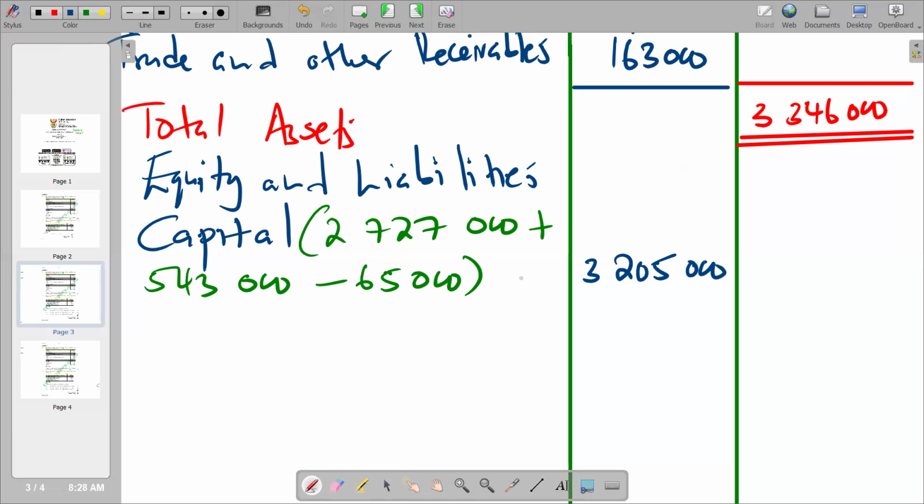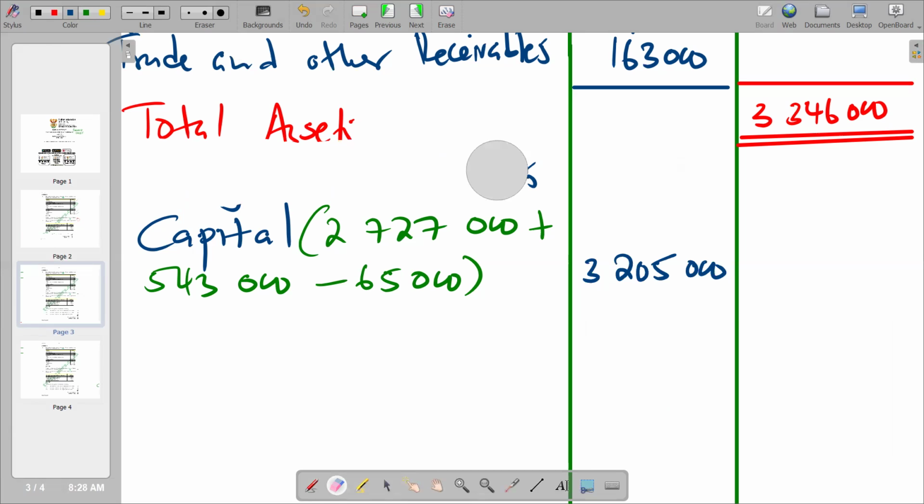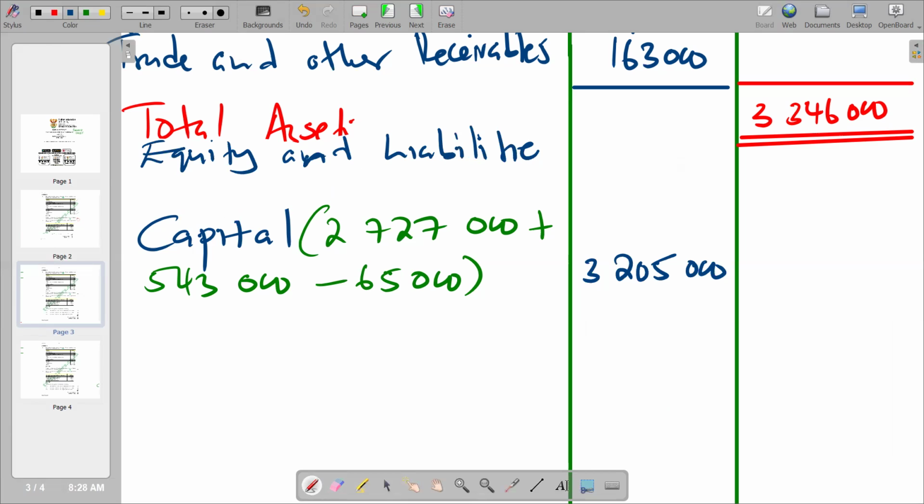So basically, here we are supposed to have a description of equity that is going to represent our equity. So we can just create that space whereby we say equity and liabilities, and just beneath equity and liabilities, we have equity.